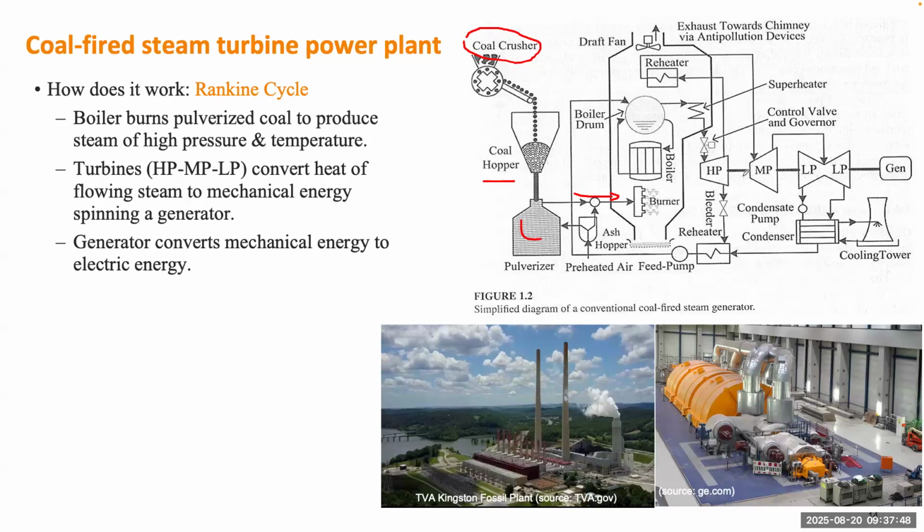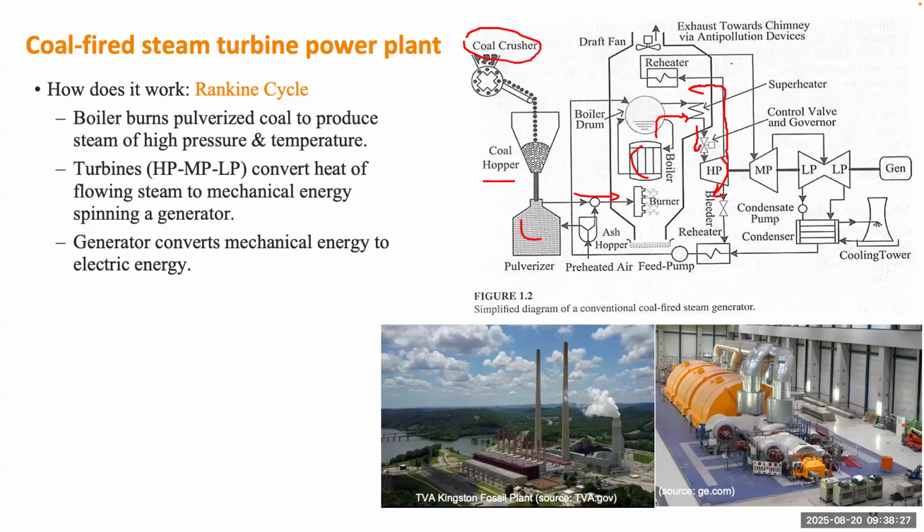The burner burns the coal to boil the water, and it goes through the superheater and becomes high pressure, high temperature steam. That drives the HP turbine, which is just the high pressure turbine, so the turbine revolves. Then the high pressure steam leaves this turbine, and through the reheater the temperature increases again.